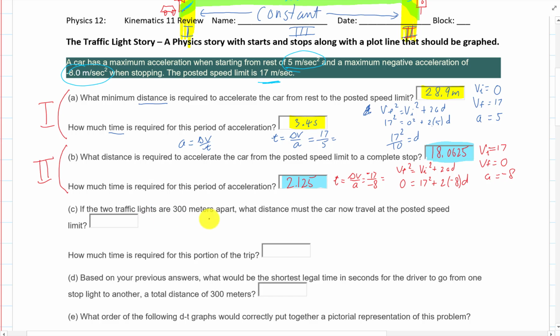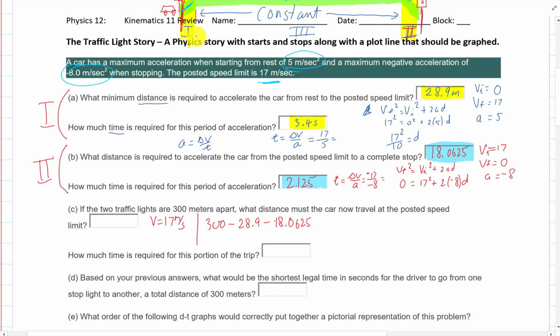If the traffic lights are 300 meters apart, what distance do you travel at the 17 meters per second? So your velocity is 17 meters per second for that whole distance. That whole distance is 300 meters minus the 28.9 and minus the 18.0625, because it's 300 meters from stoplight to stoplight.